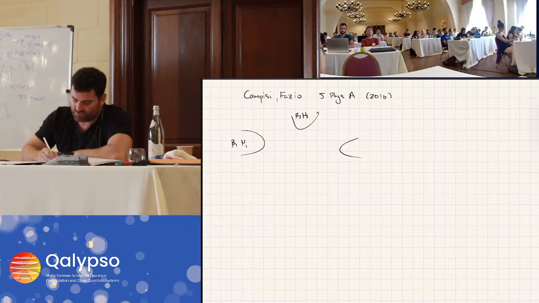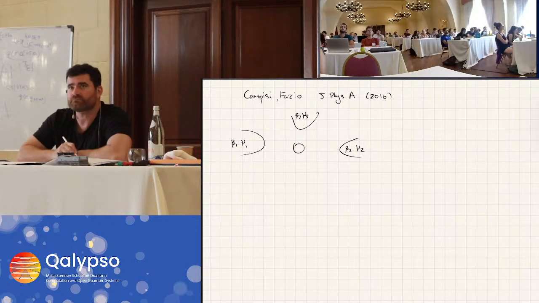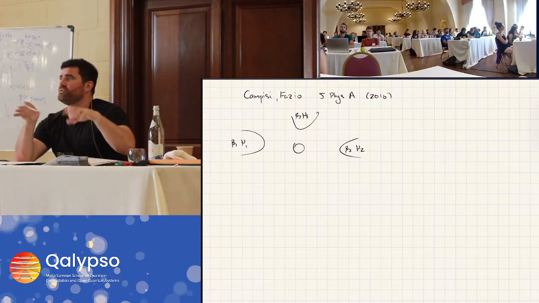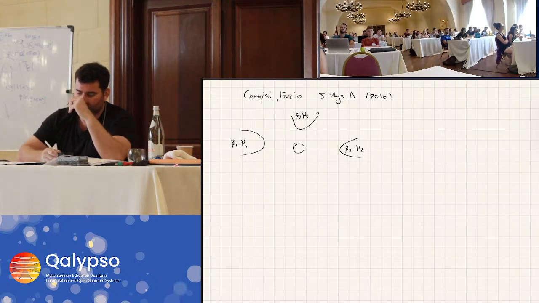So you can have multiple temperatures in some system. The system now exchanges particles and energy with all the baths, L of them.